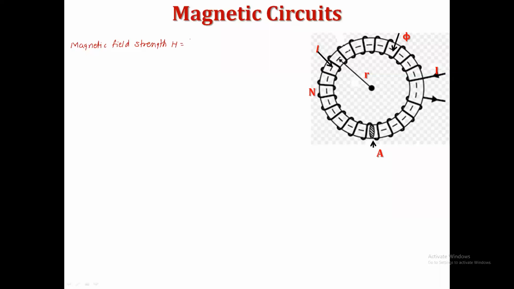H is equal to Ni upon L. Okay, then second step we can write flux density B is equal to mu into H. याला सपोर्ट तुम्ही देऊ शकता. Mu is equal to B upon H definition. Therefore, I can write B is equal to mu into bracket Ni upon L.